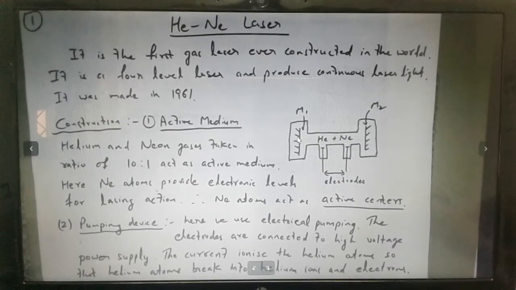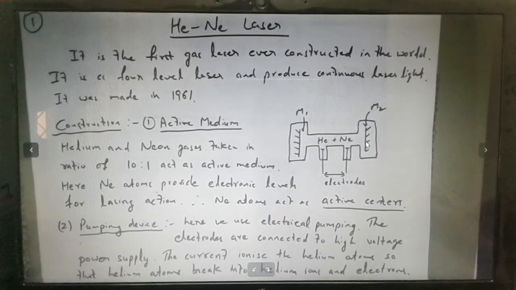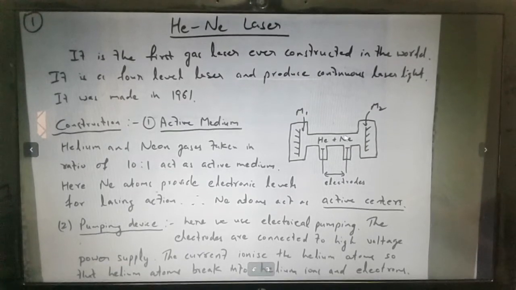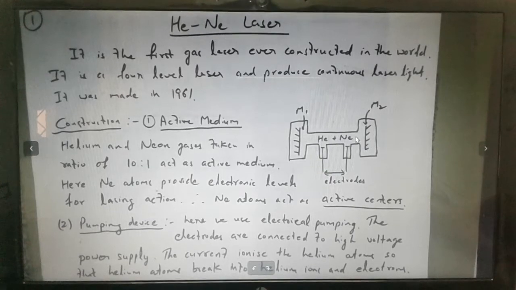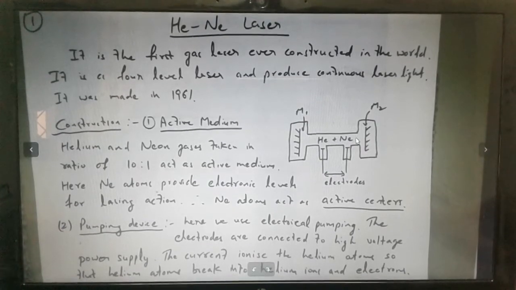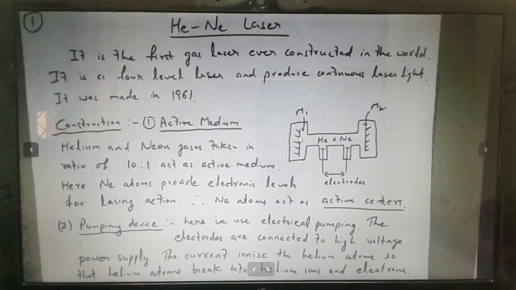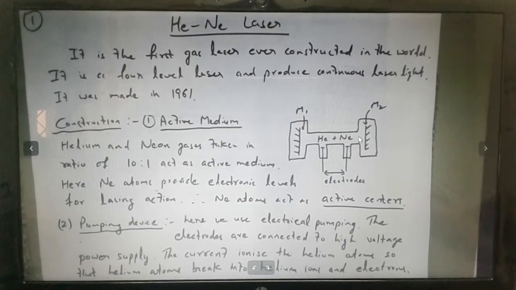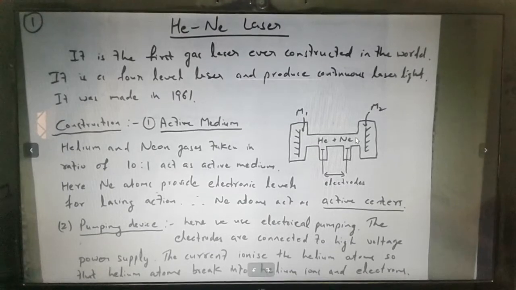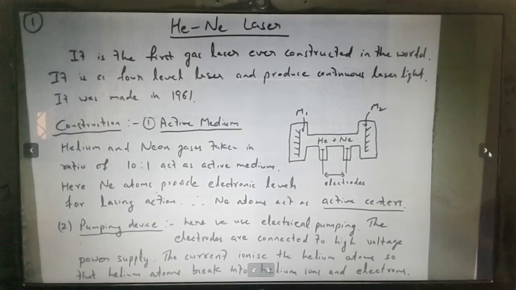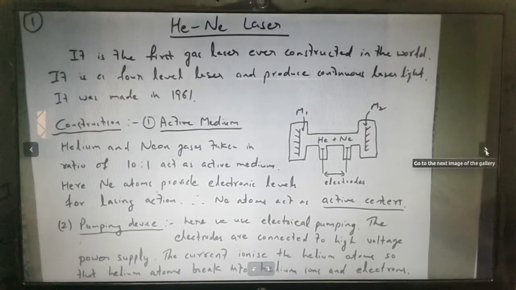M1 is fully reflecting and M2 is partially reflecting. As the photons move inside this active medium, they are reflected again and again by these mirrors M1 and M2, so that stimulated emission dominates and we get sustained laser light.